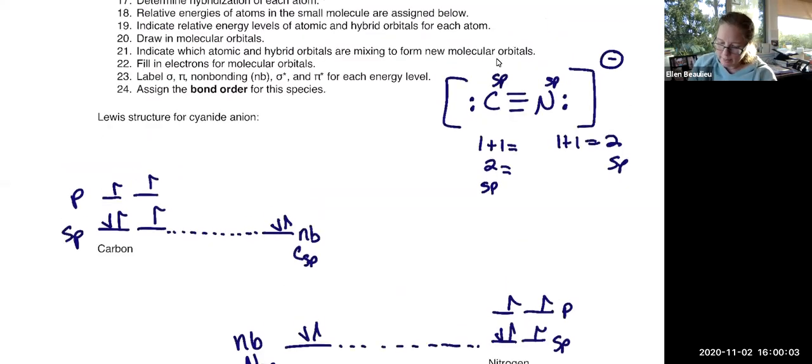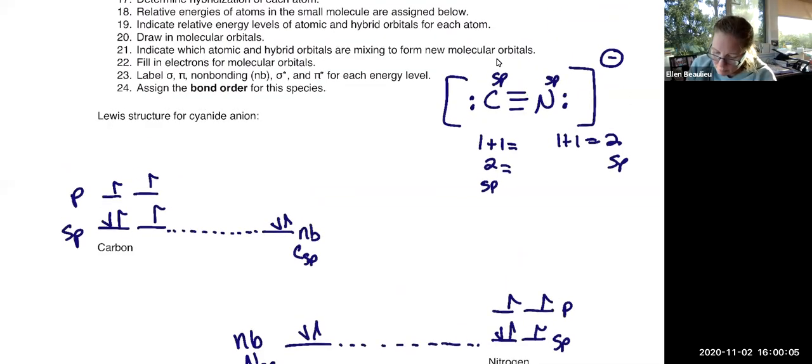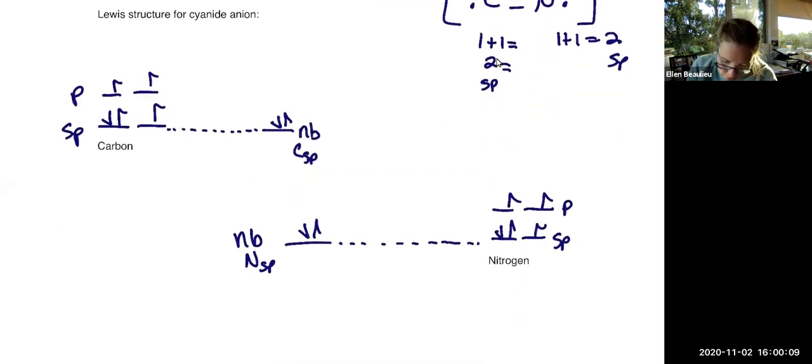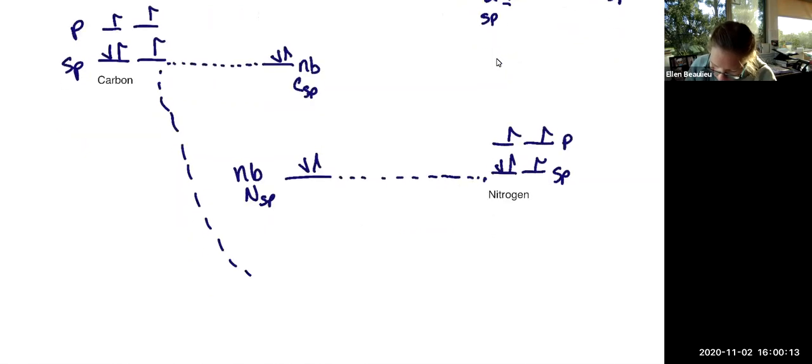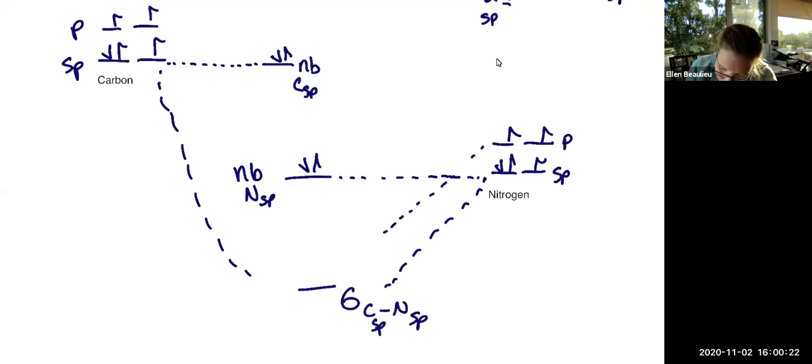Okay, well, in this species, we have 1 sigma bond and 2 pi bonds. Well, we know the sigma is more stabilizing. So we're going to mix the hybrid orbitals to form our sigma bond, sigma carbon nitrogen sp. And we're going to mix our p orbitals to form our pi bonds.